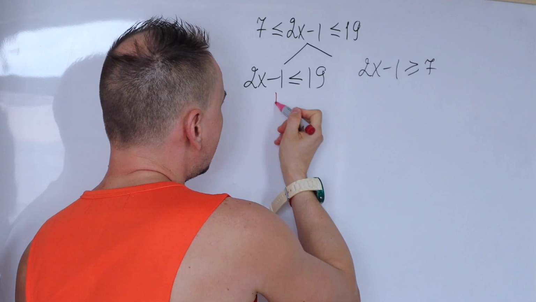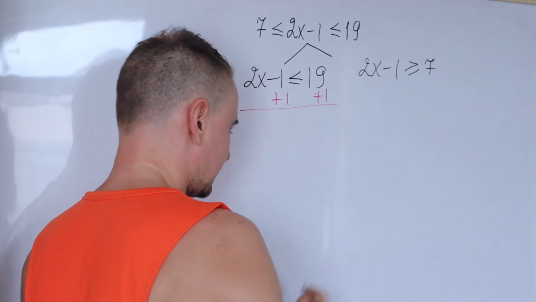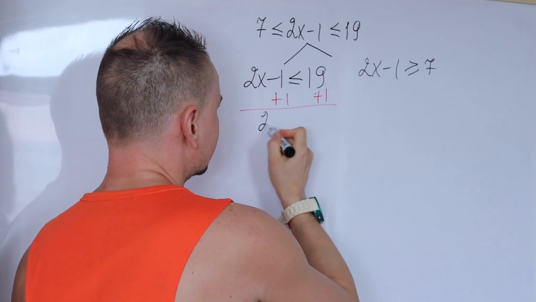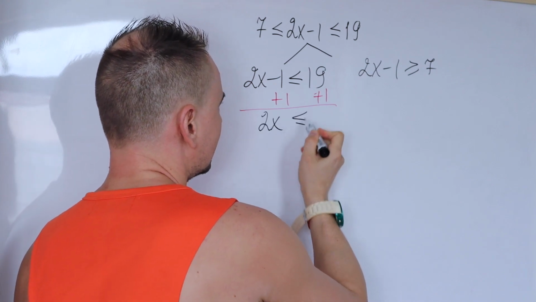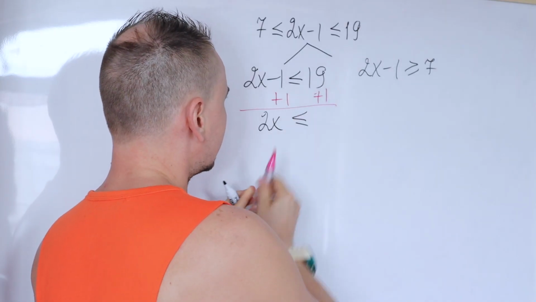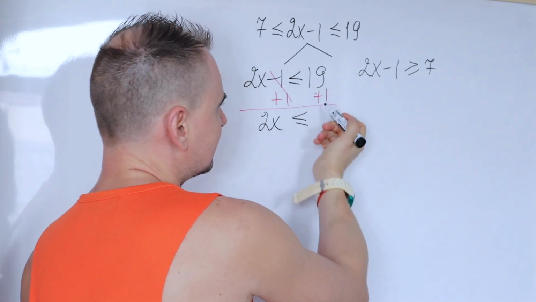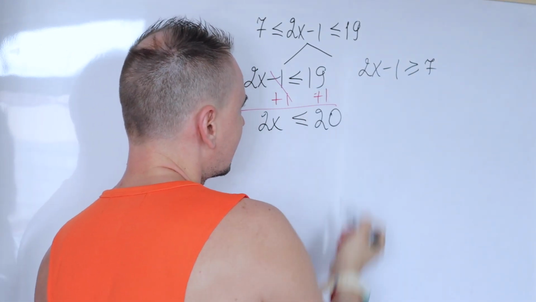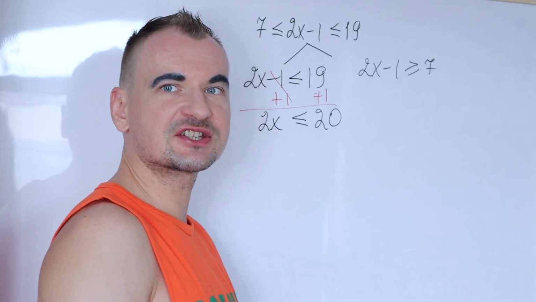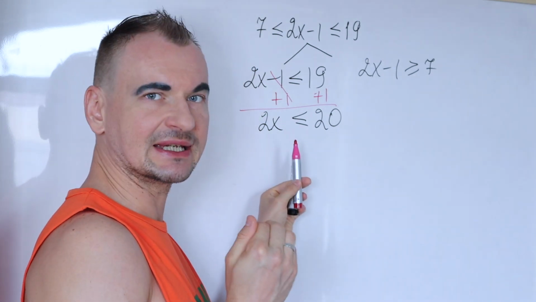You want to add 1 to both sides of your inequality, so it becomes just 2x, and you keep the sign as this. Here, negative 1 and 1 go away, they disappeared, and 19 plus 1 gives you 20. And finally, the last step, you want to get x alone.